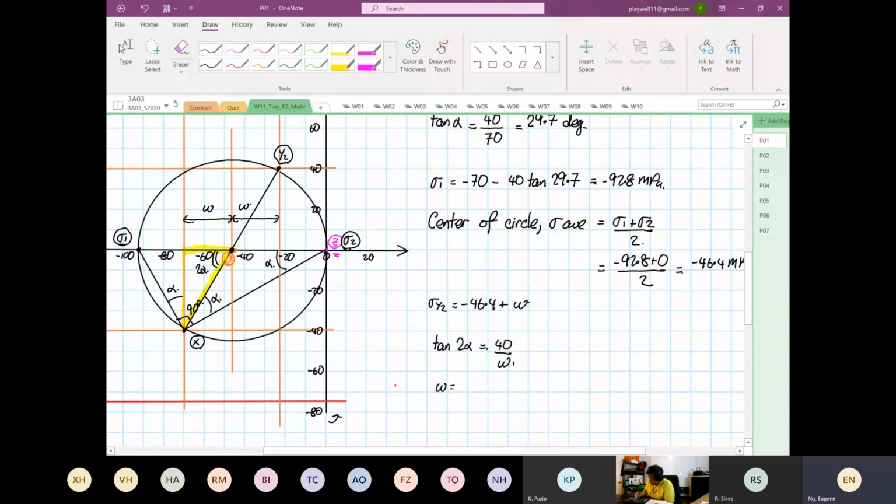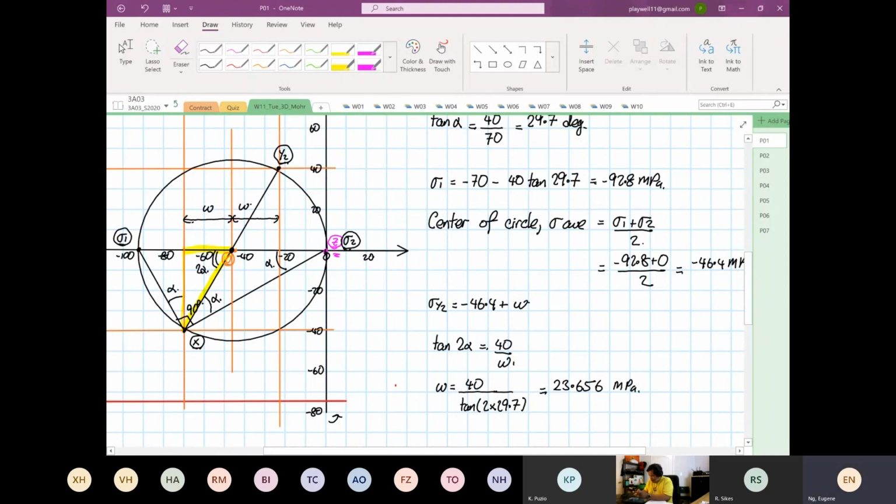So omega is equal to 40 divided by tangent of twice 29.7. So 29.7 times 2, tangent, 40 divided by, so it's 23.65 megapascal.